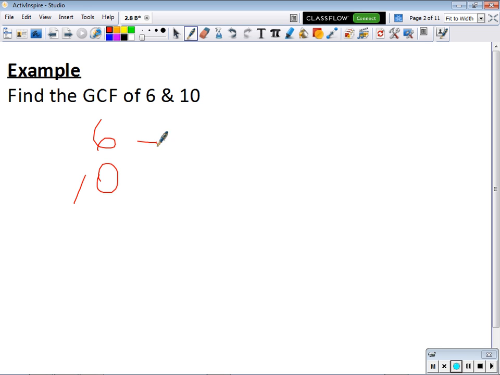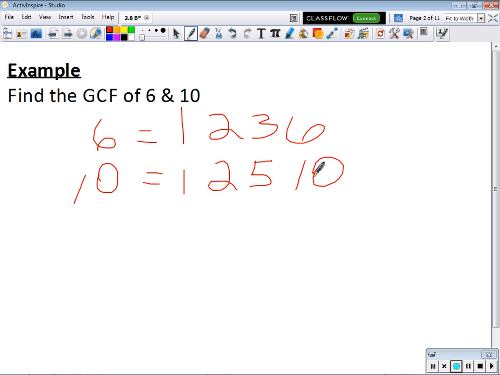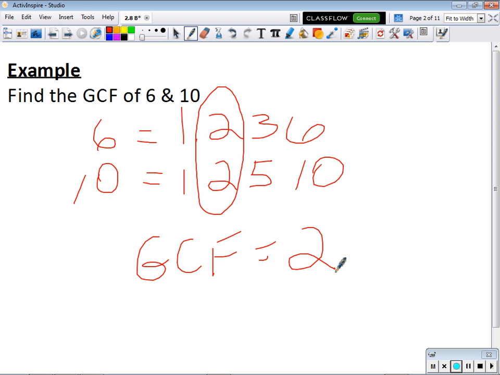So if you take a look at the numbers that can go into 6 and 10, you have 1, 2, 3, and 6, and for 10, there's 1, 2, 5, and 10. So I'm basically looking for the biggest number that they both have in common. In this case, it's a 2 that they have in common. So we would say the greatest common factor here is 2. 2 is the biggest number that can go into both 6 and 10.